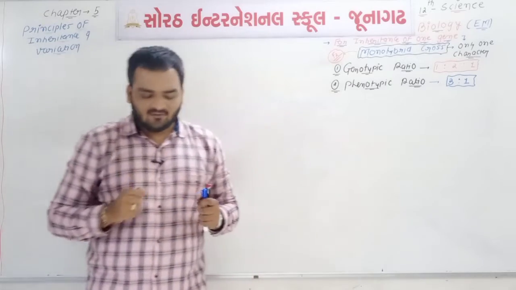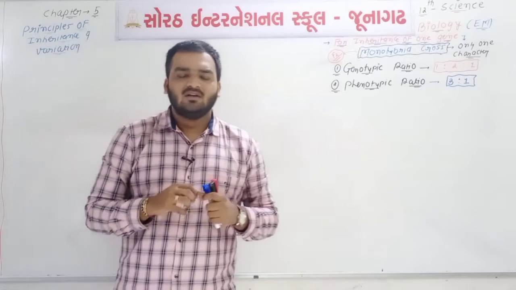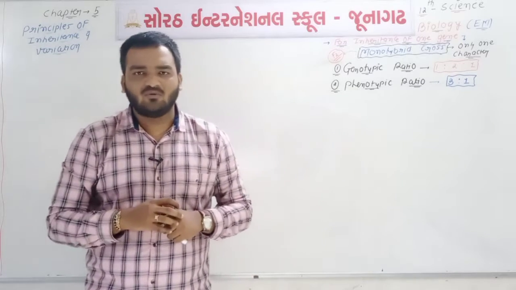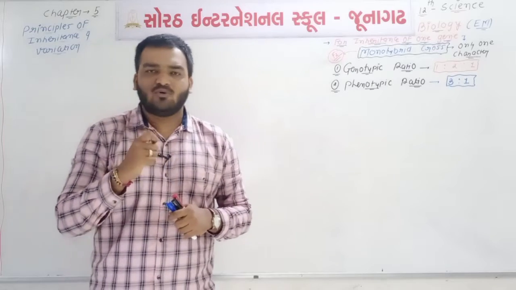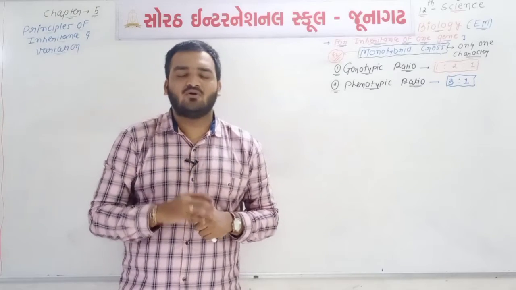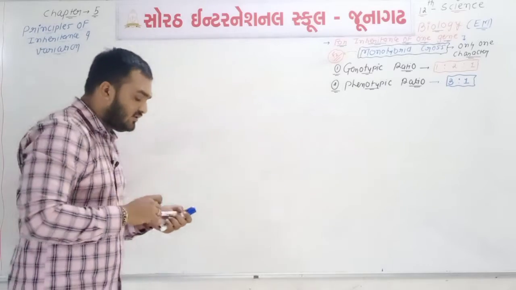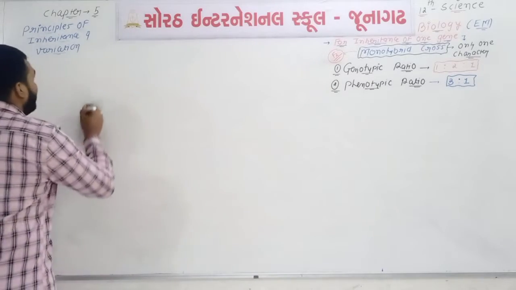Today we are going to learn about some different types of questions, or some exceptions found during the monohybrid cross. Today's title will be incomplete dominance. It is also a most important question.